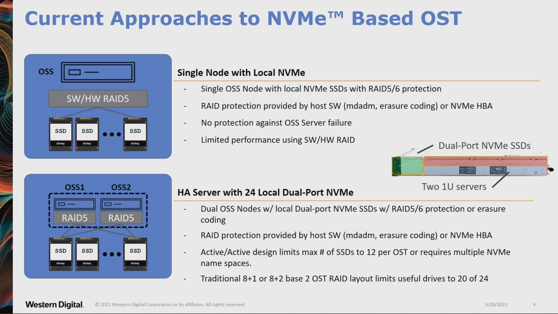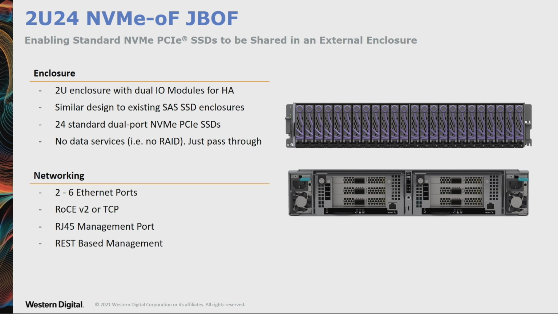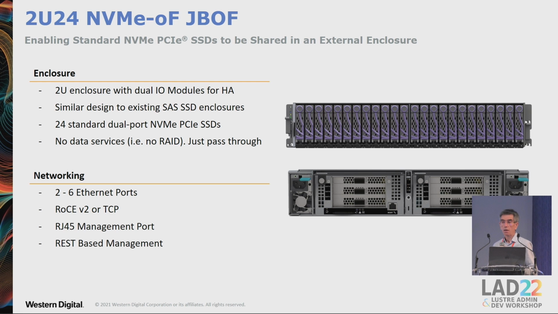This is the 2U HA server that we used to sell from Western Digital, but we have moved to a new solution now. This new solution is a 2U24 NVMe JBOF, enabling standard NVMe PCIe SSDs that can be shared through an external enclosure through the network.